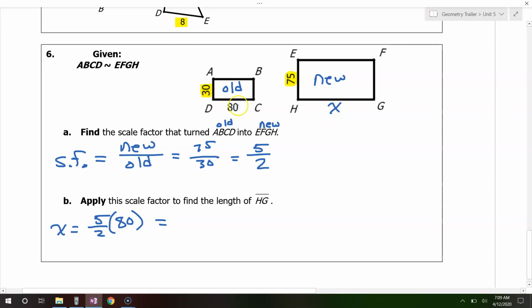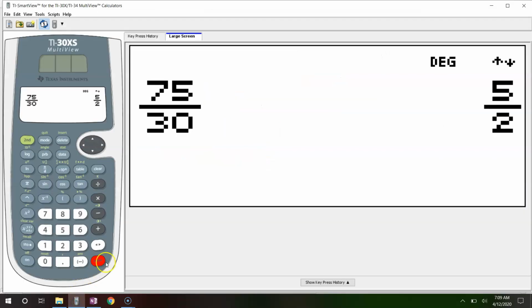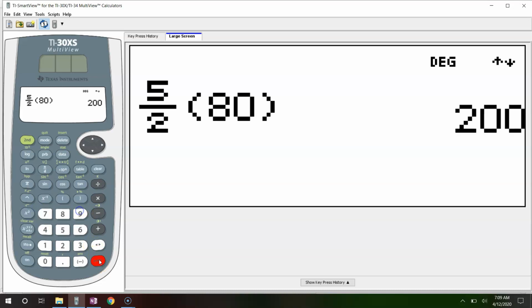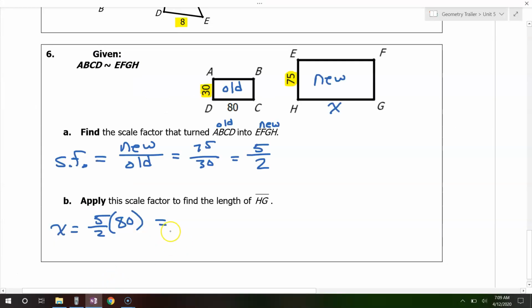Just multiply by the scale factor and you get the new length. So whatever 5 over 2 times 80 is, and I can tell what that's going to be, 200. But let's do it. 5 over 2 times 80. So the length of HG is going to be 200.